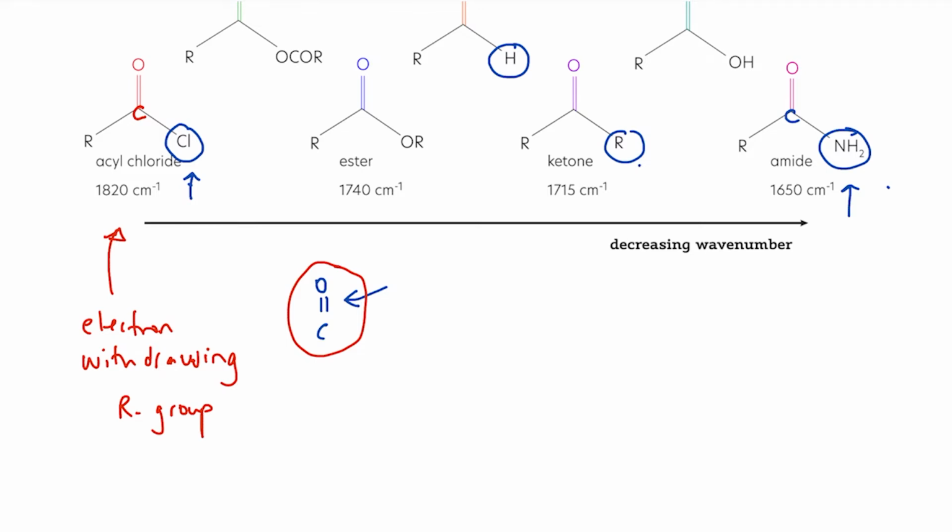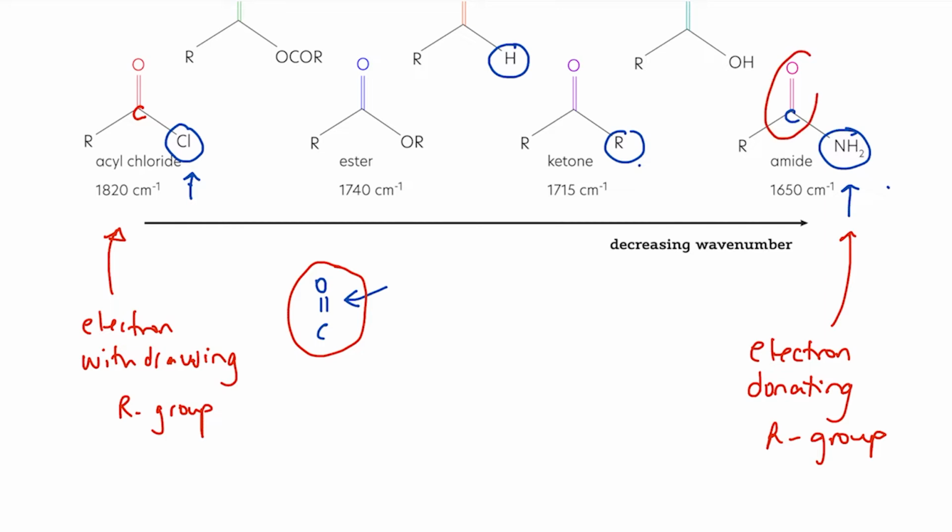And at the opposite end of the scale, we have electron donating R groups. And they decrease the wave number, i.e. we require less energy, a lower frequency of radiation to make this carbonyl bond vibrate more strongly.